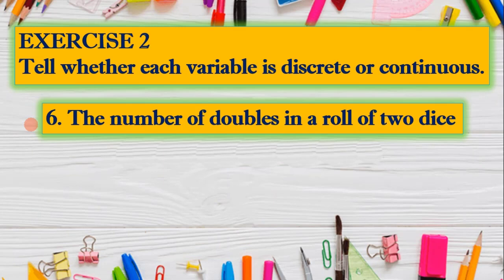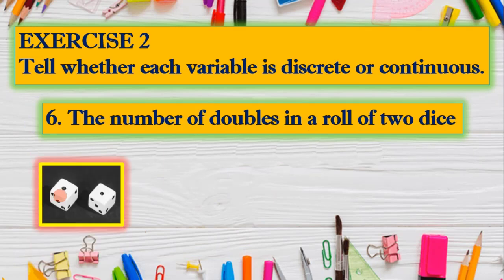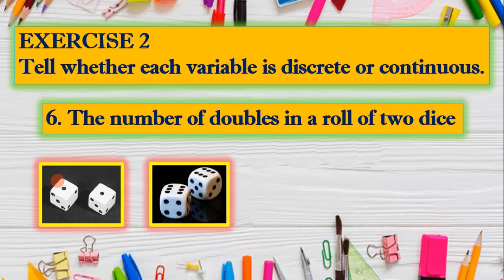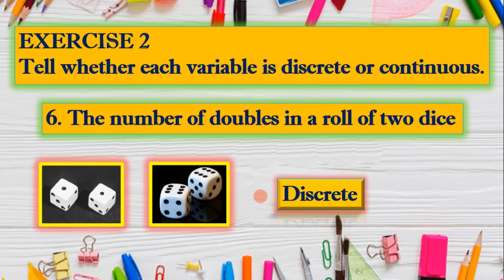For number 6, the number of doubles in a roll of 2 dice, say 1, 1, 2, 2, 3, 3, 4, 4, 5, 5, and 6, 6. There are 6 doubles in a roll of 2 dice, and it's a discrete variable because we are using counting numbers to quantify the number of doubles in a roll of 2 dice.